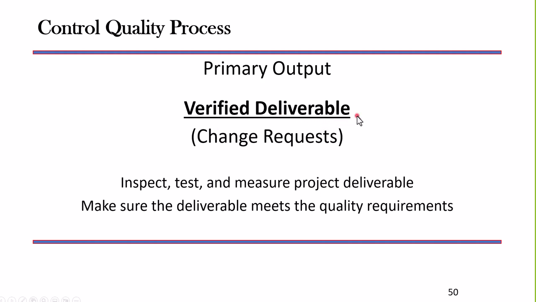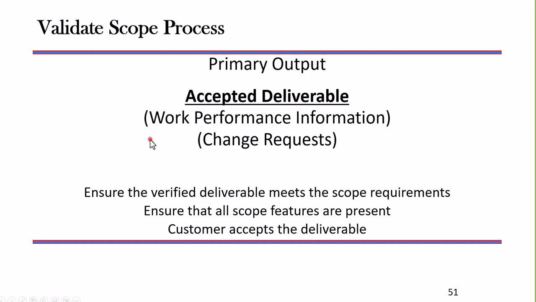That term indicates it met the quality requirements. Now that verified deliverable is then going to flow into Validate Scope. That's also one of the 10 monitoring and controlling processes, except I'm looking at the scope. Is the scope complete? Are all the features present in the scope that are supposed to be there?